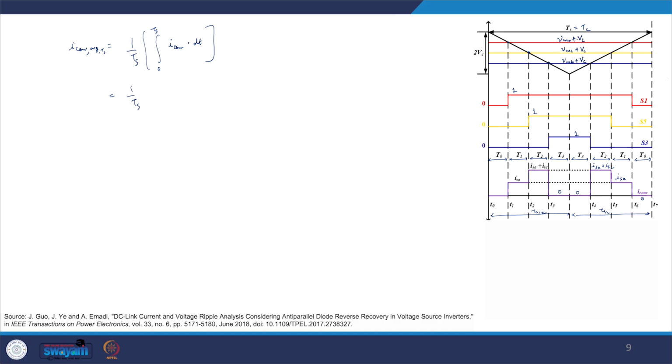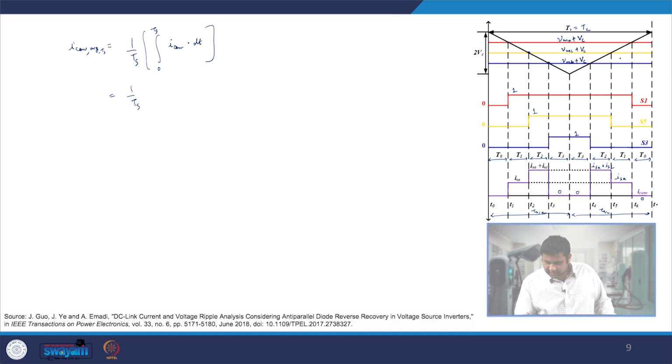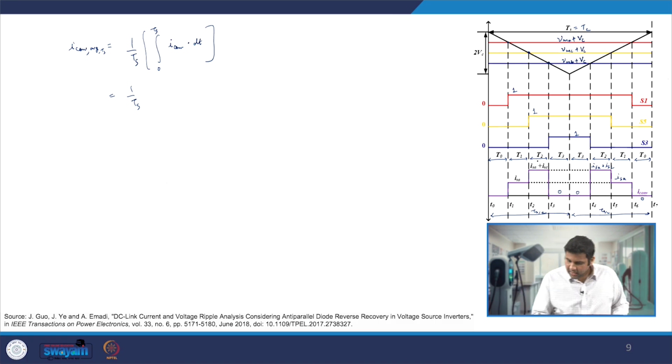In one carrier cycle, ISA and ISC are constant, and they have non-zero values between T1 and T2 and between T2 and T3. It is also symmetrical around Ts by 2.